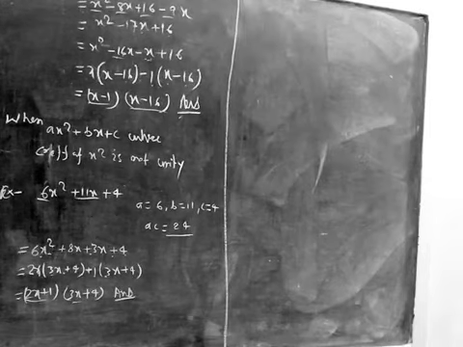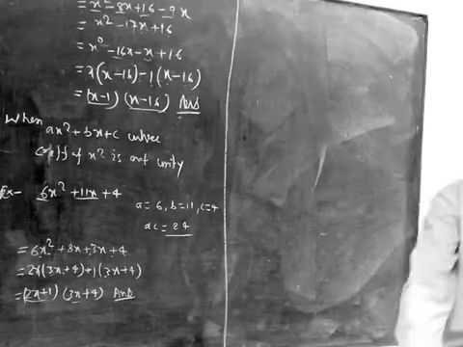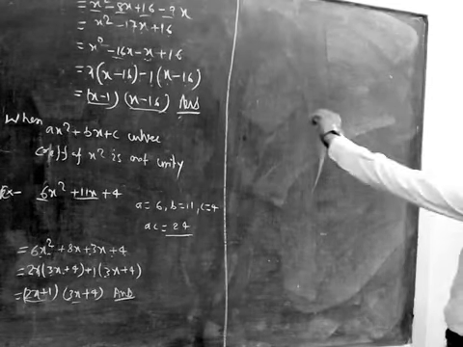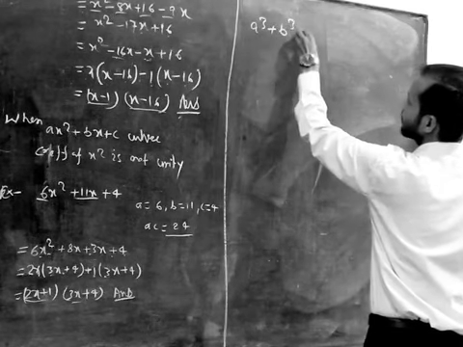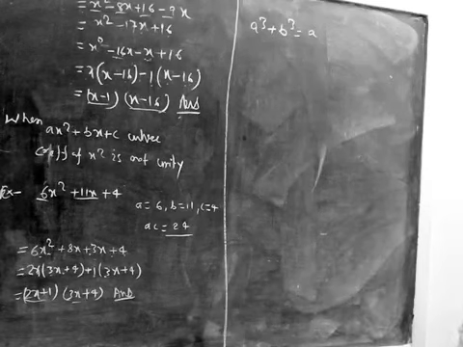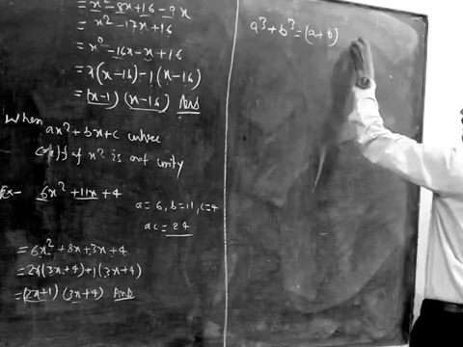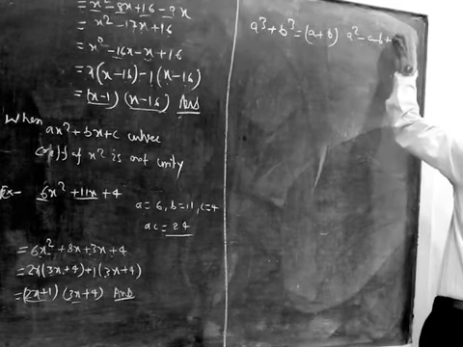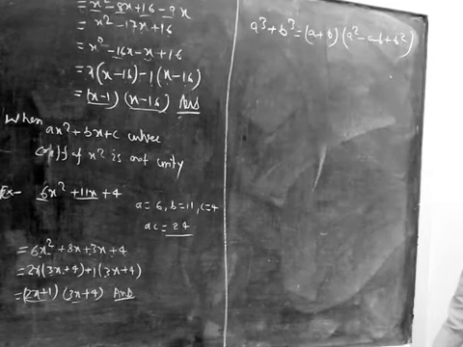Sum or difference of cubic form: a cube plus b cube is equal to (a plus b)(a square minus ab plus b square).